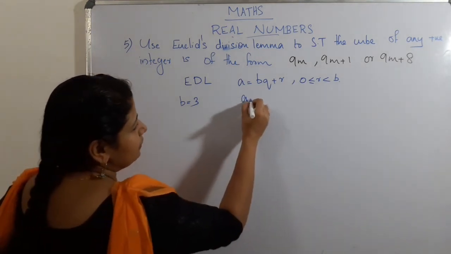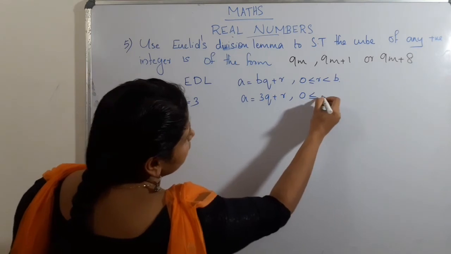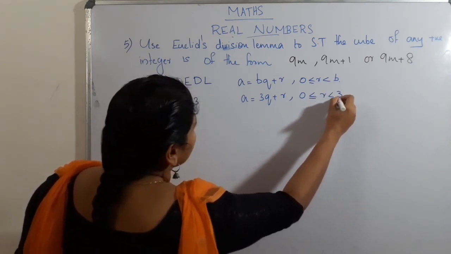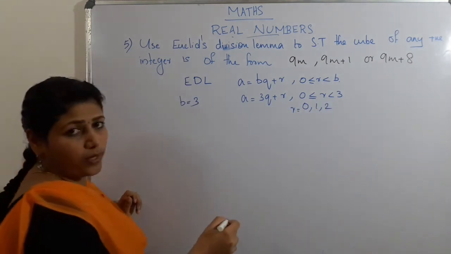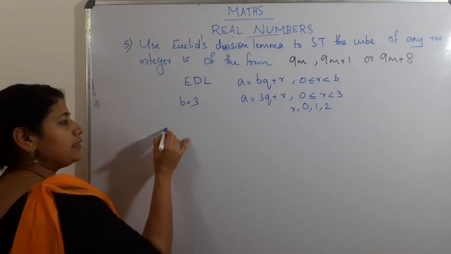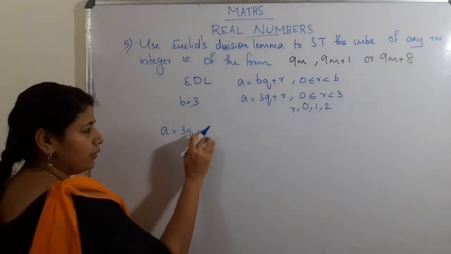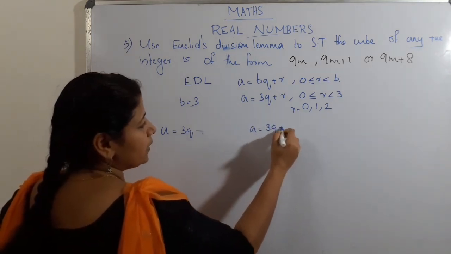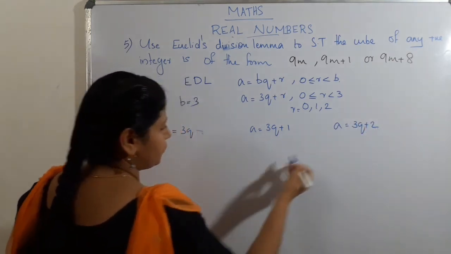Okay, then a will be 3q plus r, and the range of r will change into r less than 3, 0, 1 and 2. R will be equal to 0, 1 and 2. Then we will write the number a equal to 3q plus 0, or it is 3q. And the next number a equal 3q plus 1 and a equal 3q plus 2.